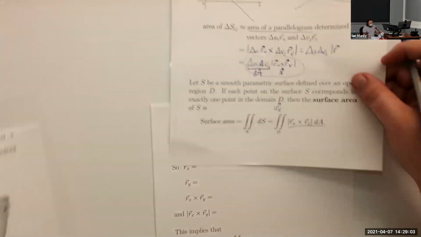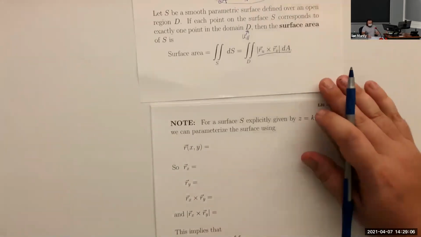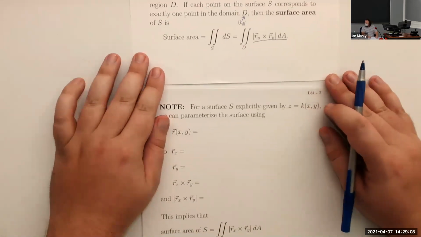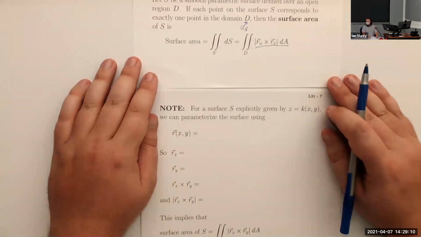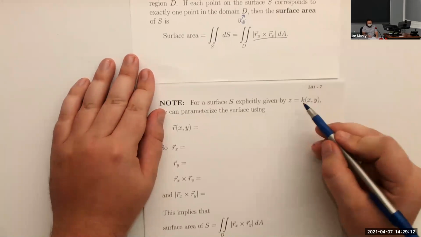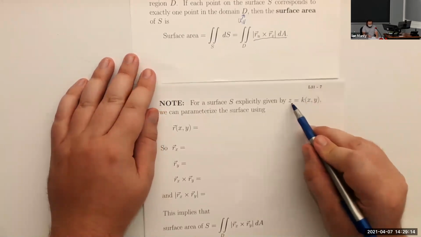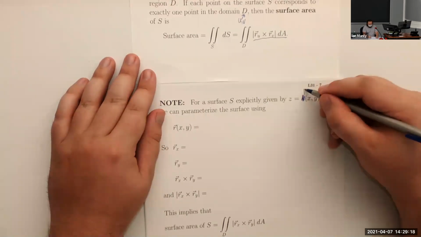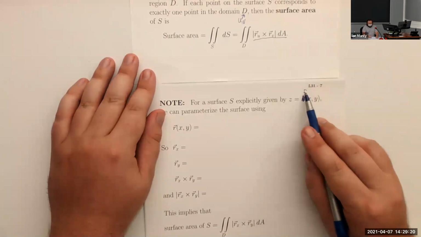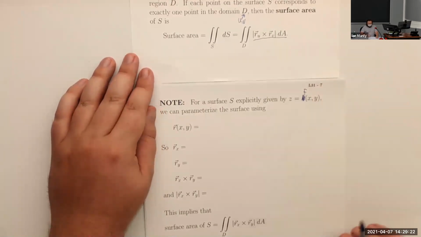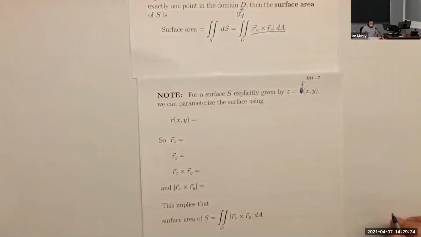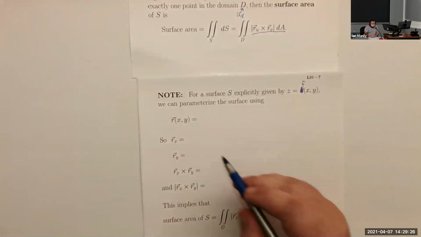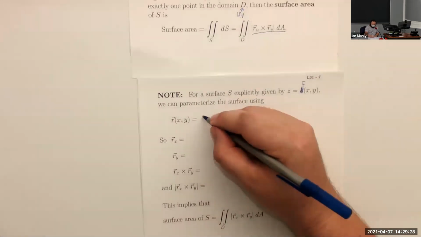Okay. Before we do the example though, let's suppose that we have our surface given in a more traditional way. So let's say we have z, and I don't know why this is k here, I'm just going to call this f. Let's say that z is a function f of x and y right here. So we can parameterize the surface using r of x and y. And how can we do that?